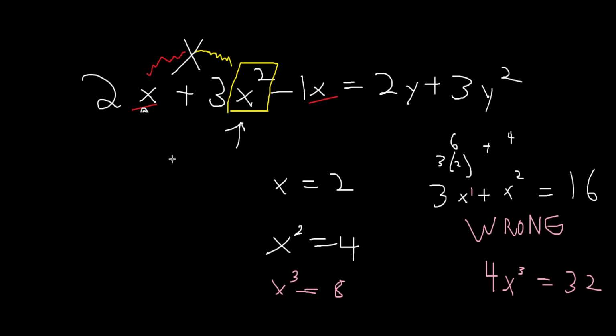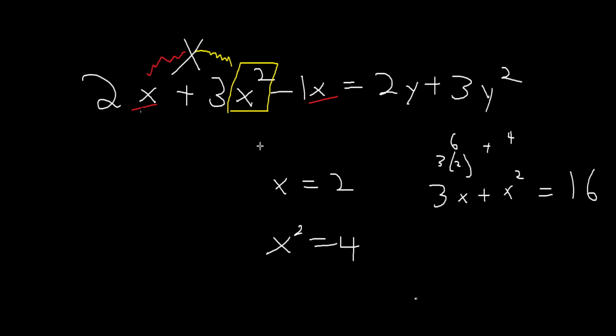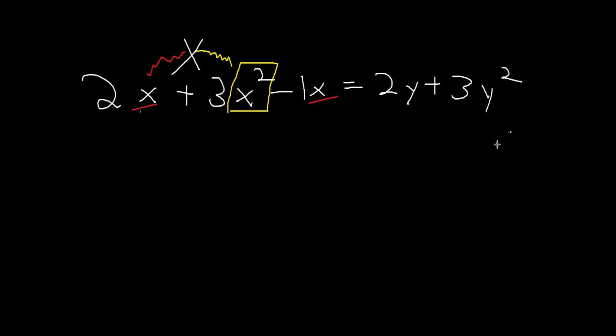Otherwise, you're gonna run into problems that are not good. You don't want those. Trust me. I've seen this road many a times. You don't want that to happen. So just keep your x terms and your x squared terms away from each other. They don't play nice unless you're multiplying.